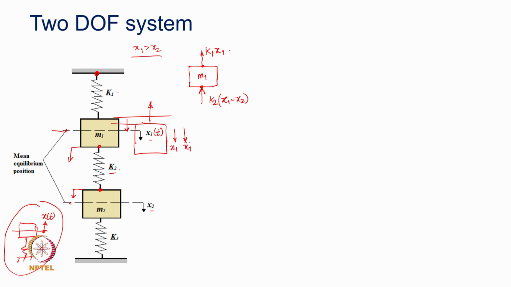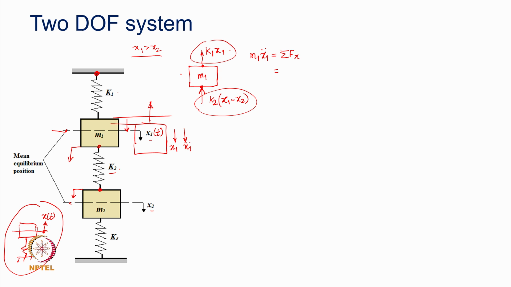Is that all? For applying Newton's second law, what do you do? Mass times acceleration, summation of all the forces in the direction of acceleration. All the external forces that act on this free body, what are they? These are all the forces, right?